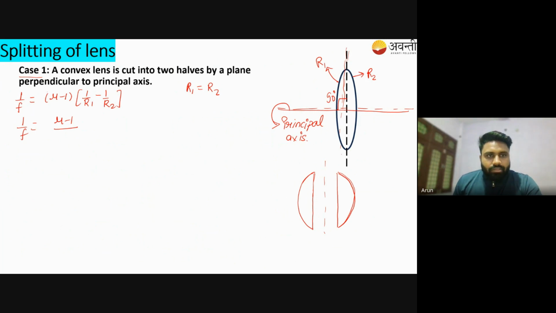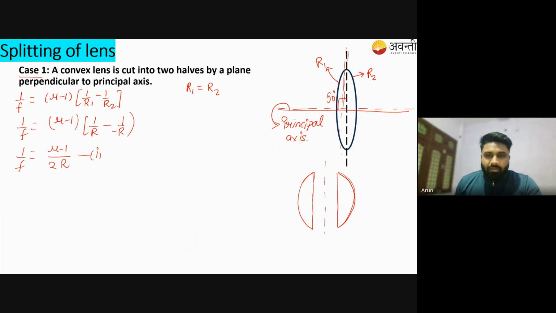So this will be 1 upon r minus minus 1 upon r, and 1 upon f is equal to mu minus 1 over 2r. This is equation number 1.